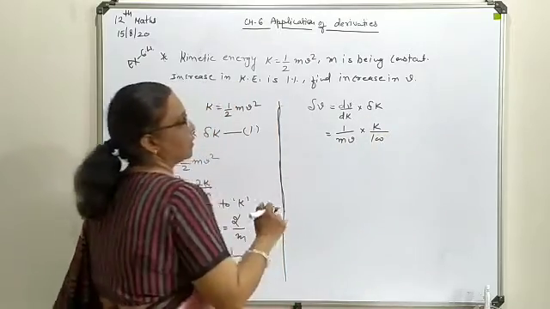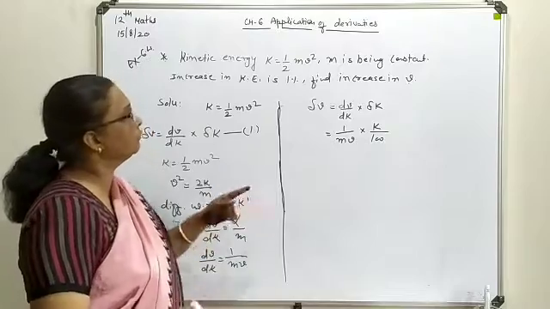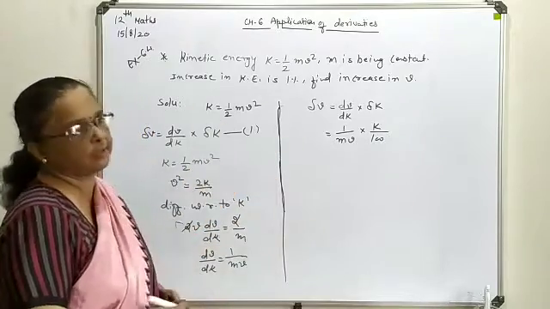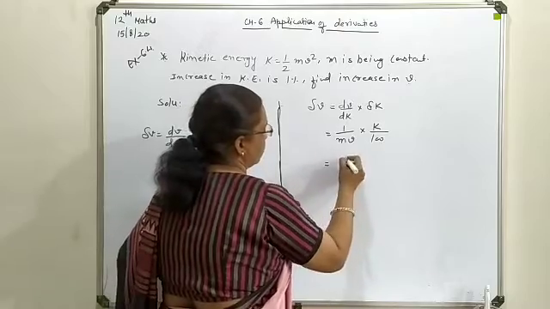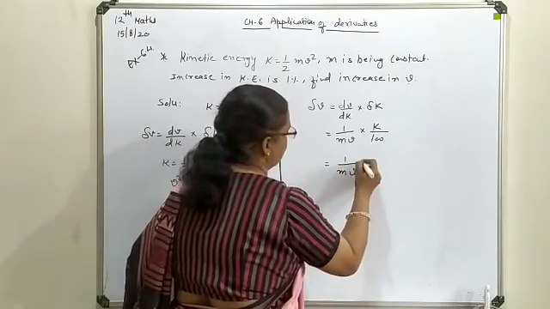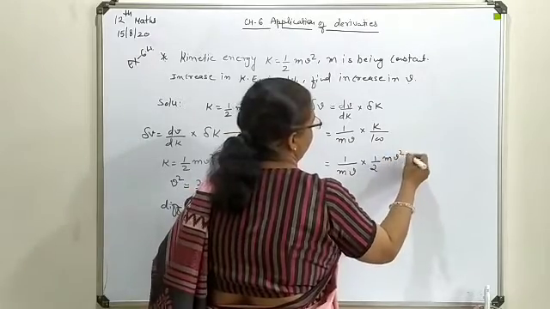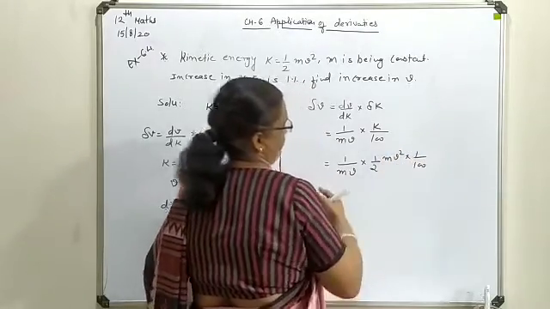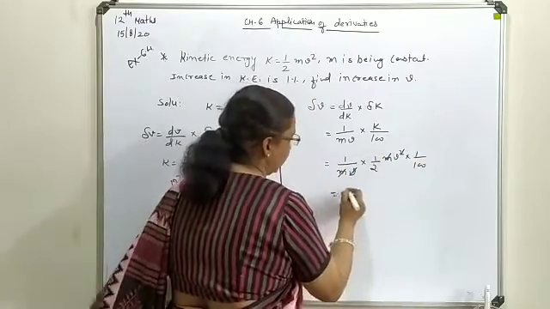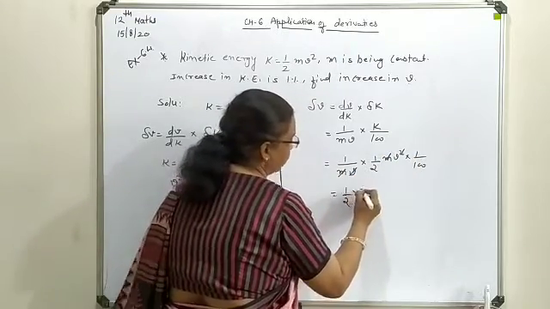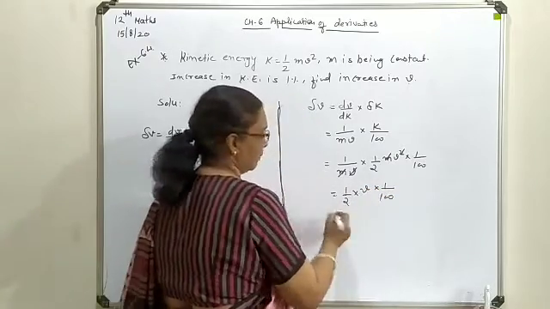It is to be linked in such a way that it can be turned in a form of velocity. So here the formula of K we will substitute as a half mv square in place of K. So this is 1 upon mv, this is your half mv square, and this 1 by 100 keep aside. This m will cut, one velocity will also cut. So finally we will have 1 upon 2 velocity and 100.